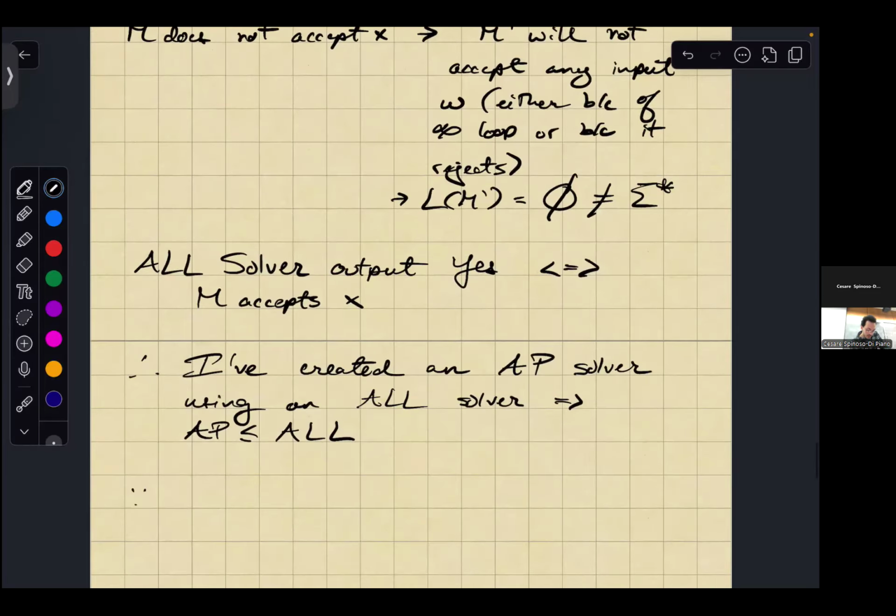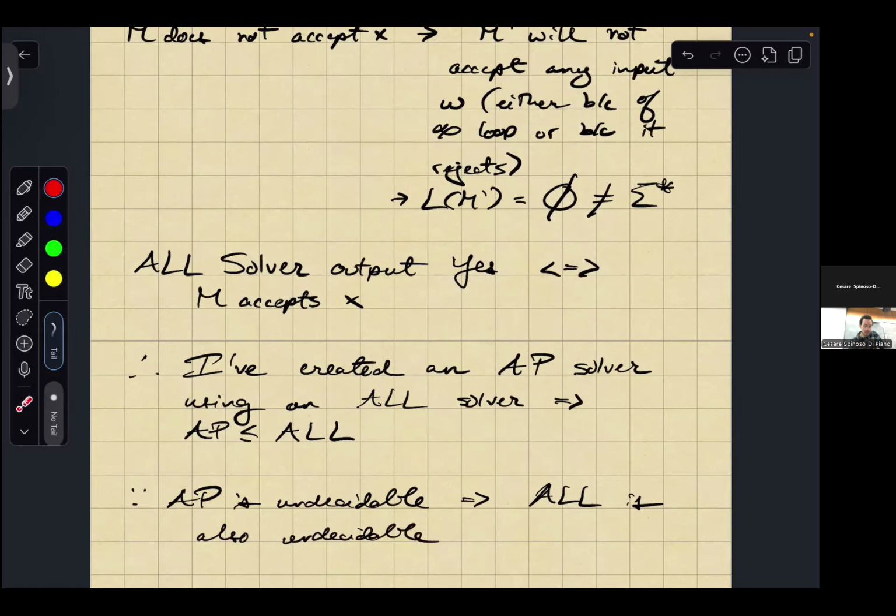And since AP is undecidable, this implies that all is also undecidable.